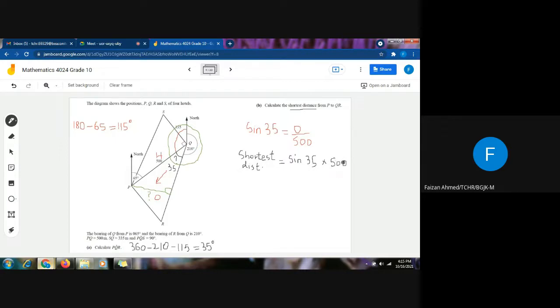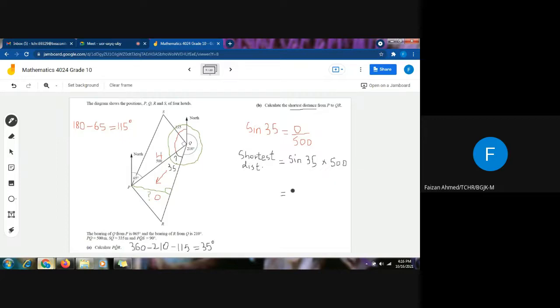We'll use my calculator now. Sine 35 is equal to 0.5735, multiplied by 500, and the shortest distance is coming out as 286.78, and I can round that off to 287.